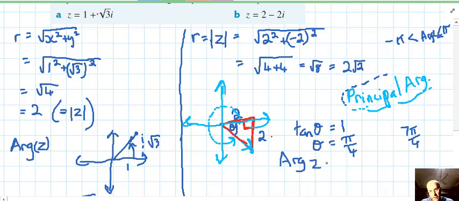Basically, arg z is negative pi on 4. We just go clockwise by pi on 4 and we will get where that complex number is. So we have our complex number z equals 2 root 2 cis negative pi on 4 using the principal argument. Always draw a diagram.